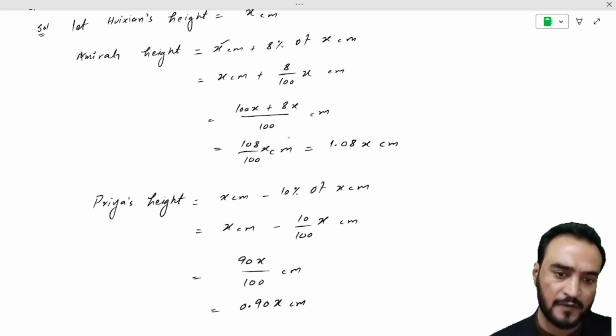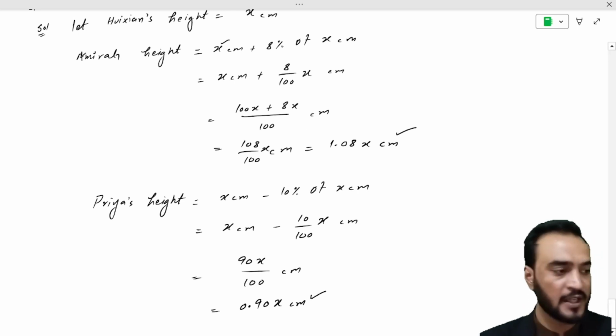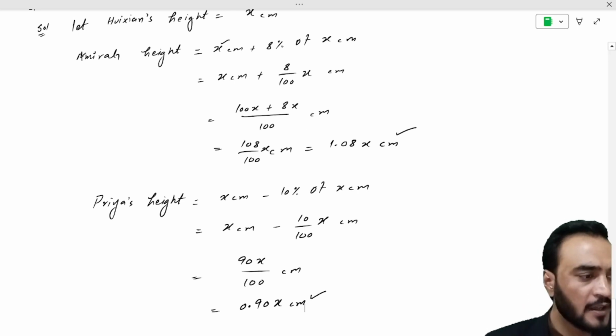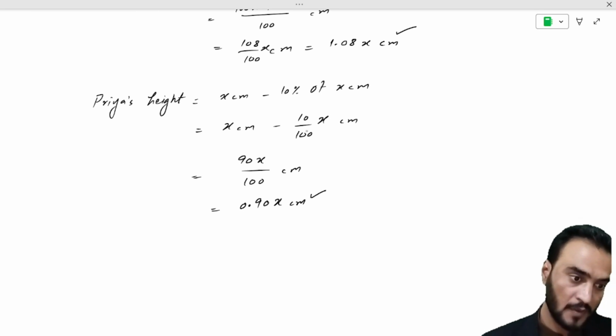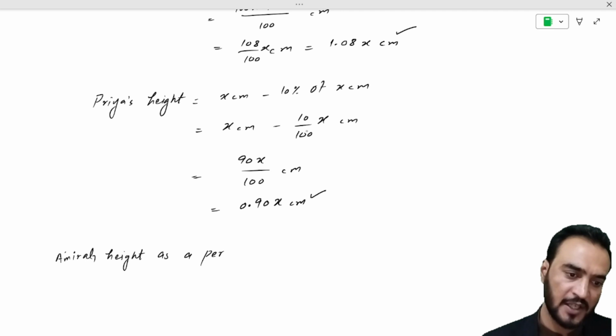So now we have the height of Amira and the height of Priya. Now the question says, express the height of Amira as a percentage of Priya's height.